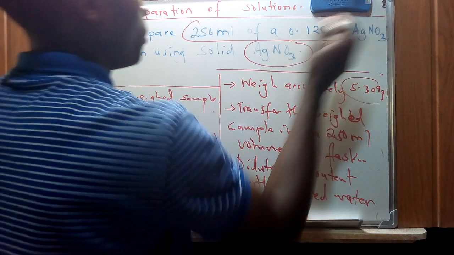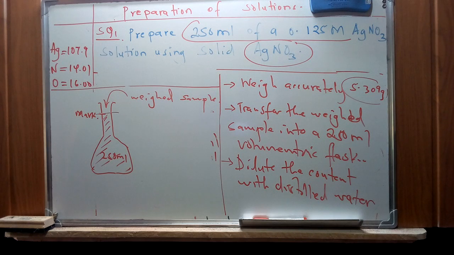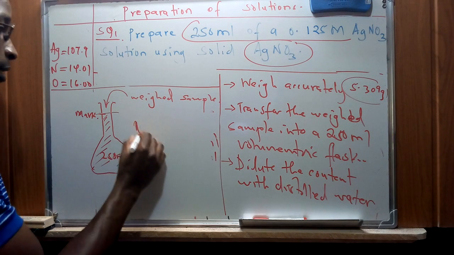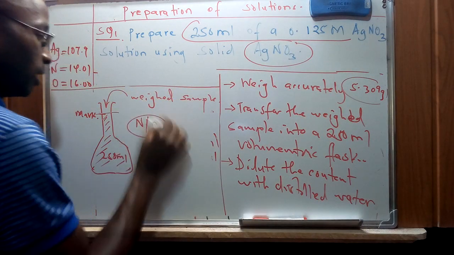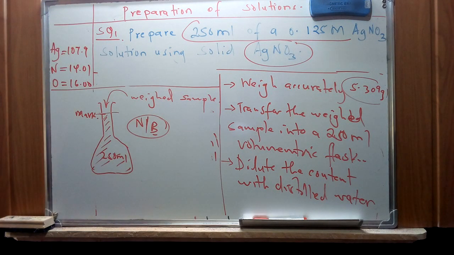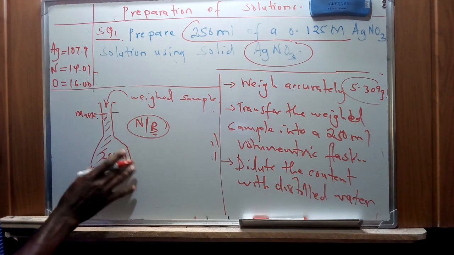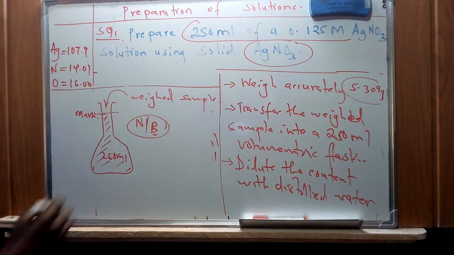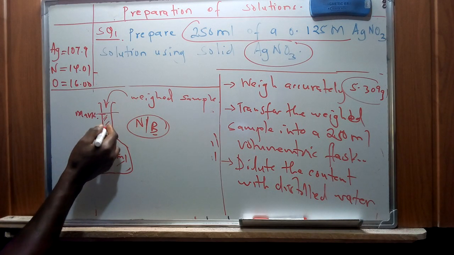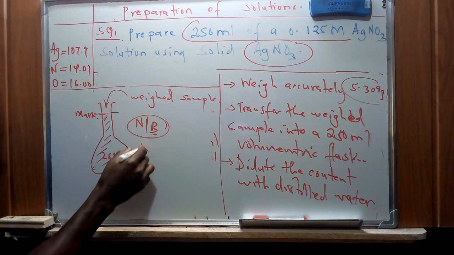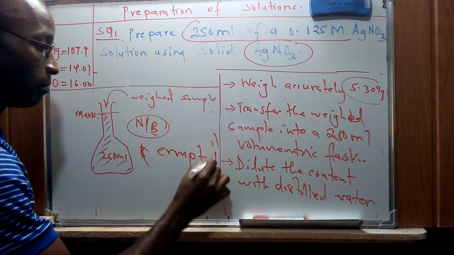Whenever we are doing analytical work, maybe in the laboratory or during our research, there's one precaution someone has to take into consideration when making solutions of this kind: you do not fill the volumetric flask first before you transfer the weighed sample, because in some cases the resulting solution may be larger or smaller than 250 ml due to interaction of the solute and solvent.